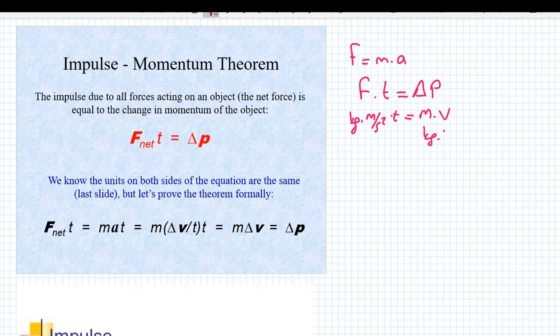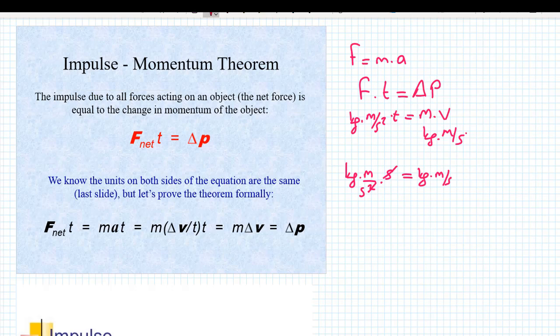Here we have kilogram times meter per second. Look at the time here, we rearrange again: kilogram times meter per second squared times, instead of time, we can write the second, because the unit of time is the second, equals kilogram times meter per second. As you see, the seconds cancel each other, and the remaining parts are the same, kilogram meter per second.